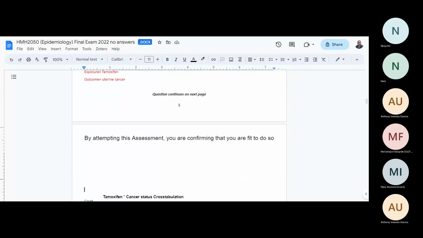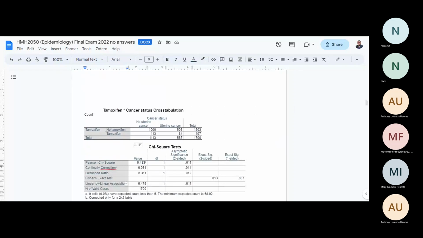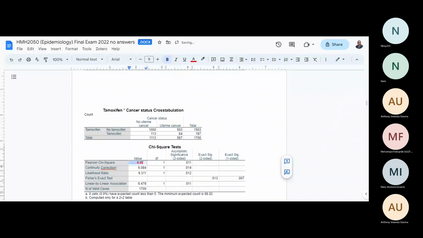Looking at this SPSS output, this Pearson chi-square is your relative risk. This is the 0.8 you are seeing here, and that is all you need. All these other things here are not important. You can Google them and check their meanings.